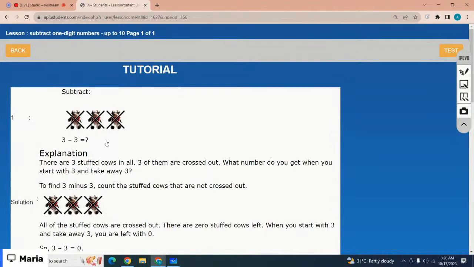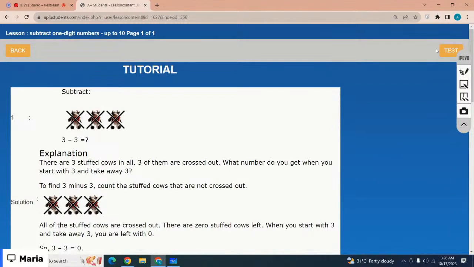You already have 3. 3 minus 3 is, you already have 3 because you need to subtract 3. So cross 3 of them, right? When you cross 3 of them, you can see you do not have any that is not crossed, right? That means 3 take away 3 is 0. Got it?